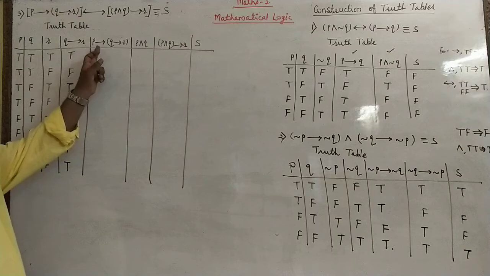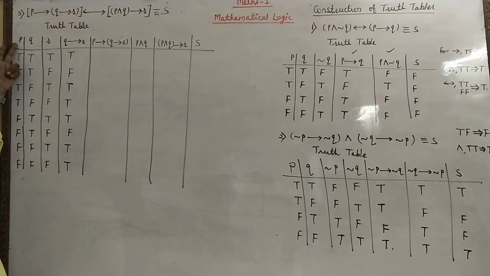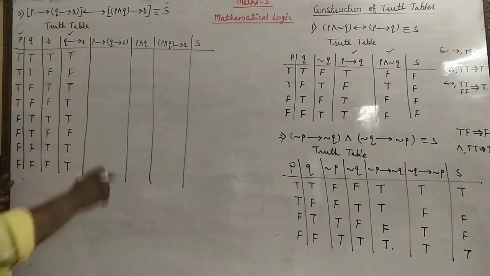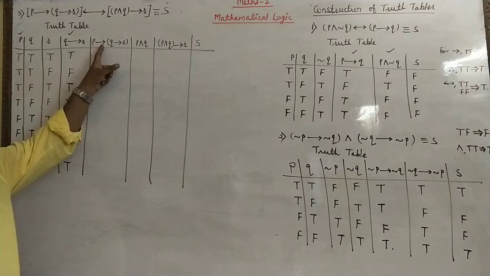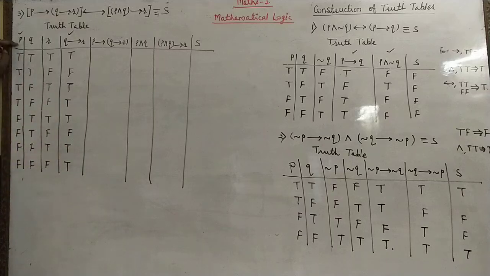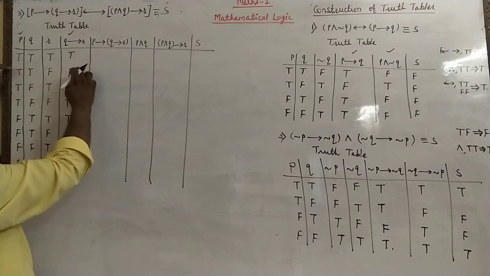Next column is P conditional, Q conditional R. Column P is the first one, and the fourth column is Q conditional R. In between them the connective is if then. Requirement is first true, second false, then it is false. P must be true and Q conditional R must be false, then it is false, otherwise it is true. Check whether this condition is satisfied anywhere.